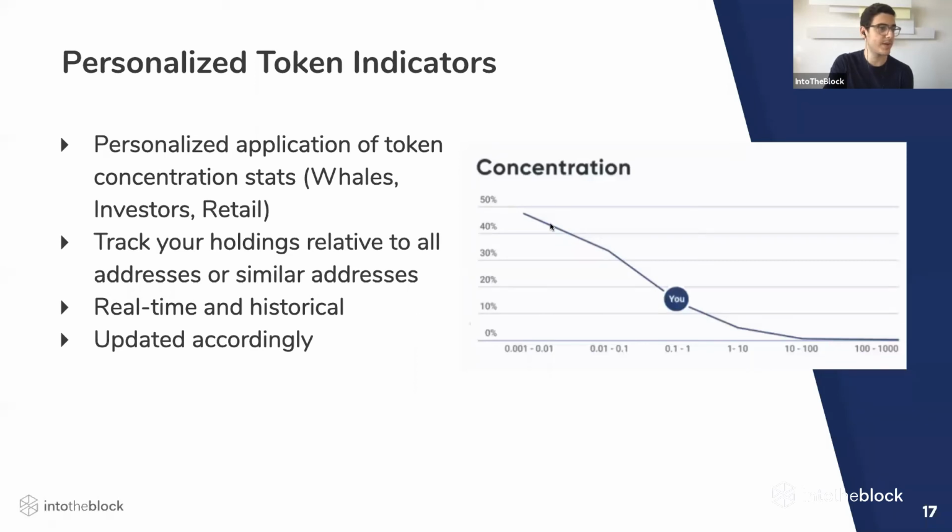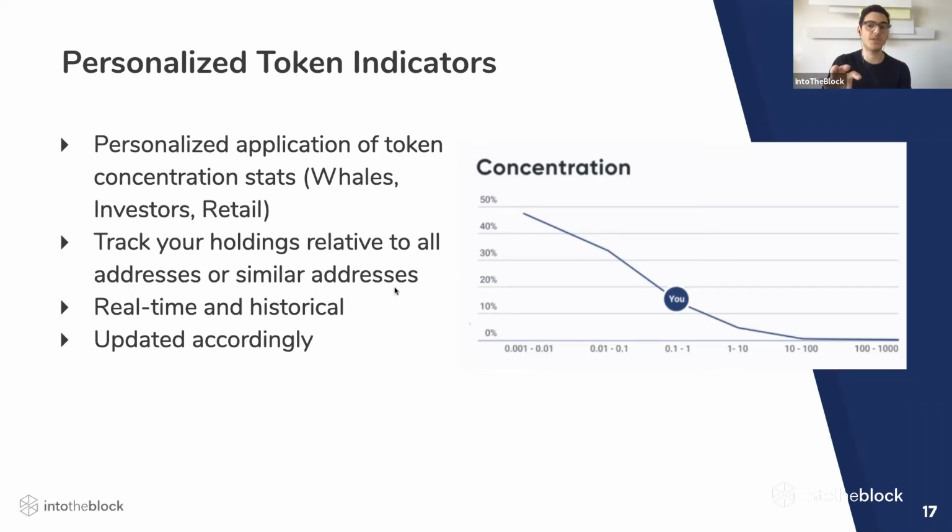Of course, I expect most of us are not exchanges or extremely large holders. But it's great to have the large picture, and we can do it in comparison to all addresses or similar addresses.